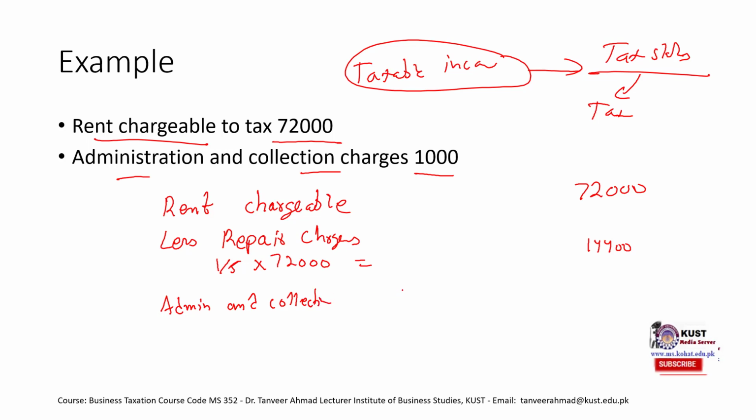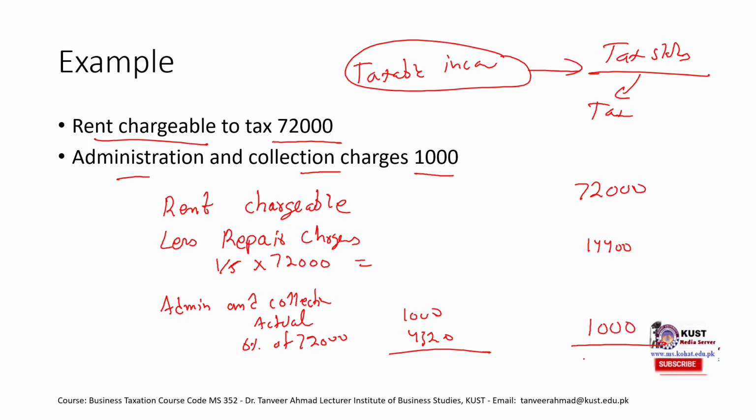The actual expenses are 1,000 rupees, and 6% of 72,000 rupees would be 4,320. So we will consider the lesser amount, which is 1,000.